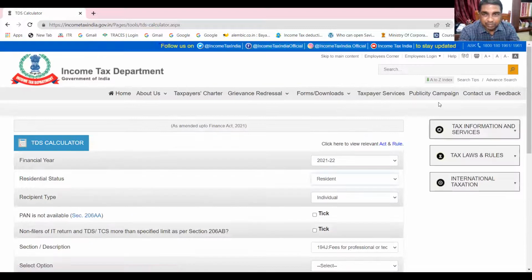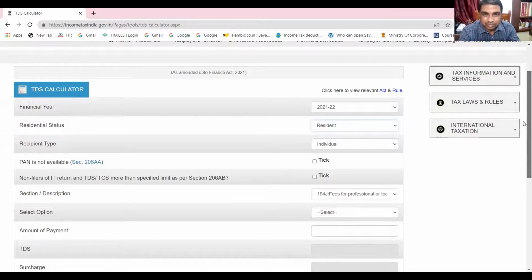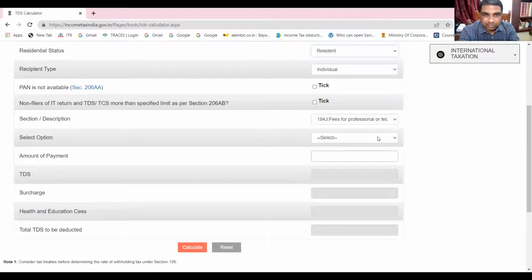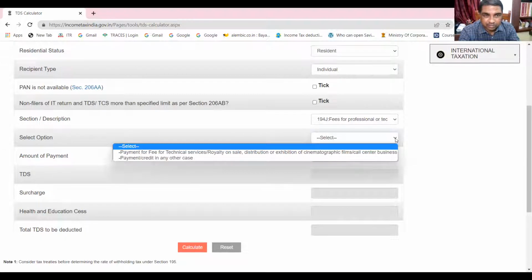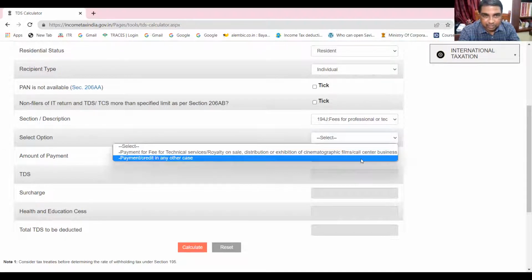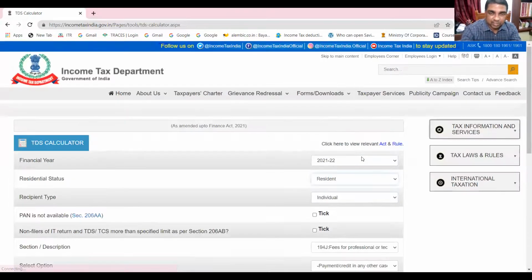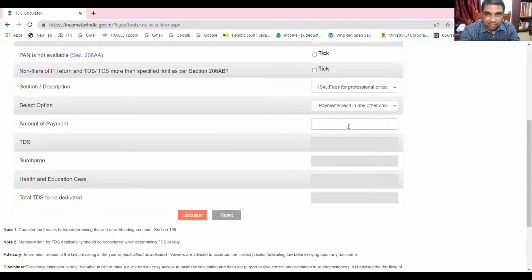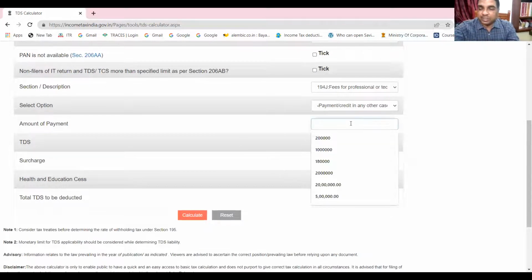Let us say we select amount of payment. Other payment I'm selecting is not for cinematographic film. Okay, let us say the payment is 5 lakh.